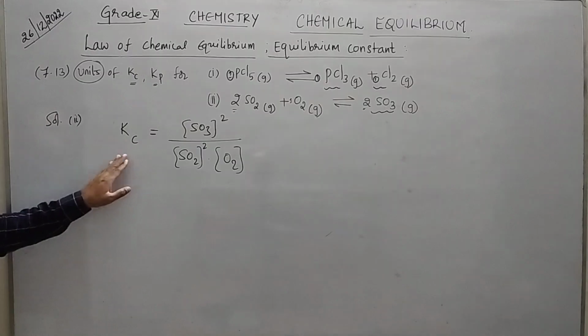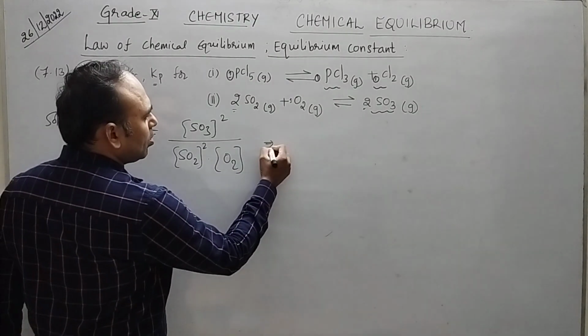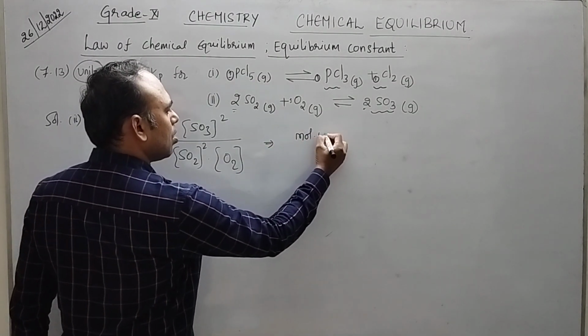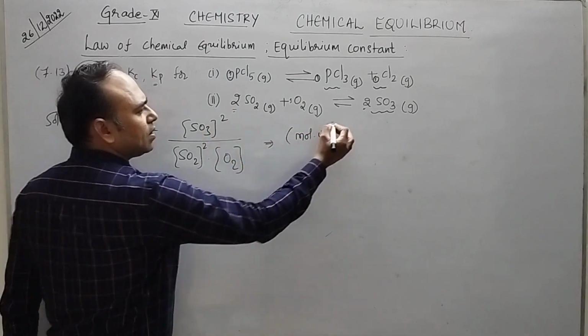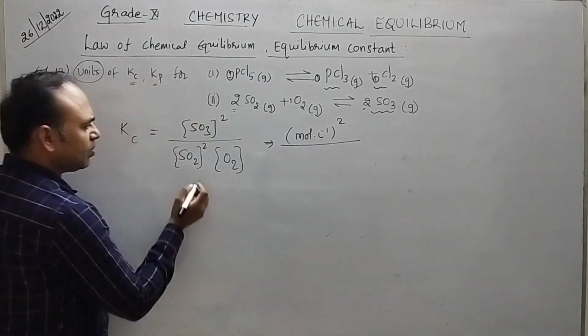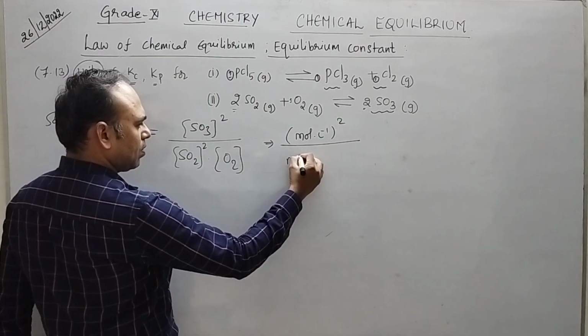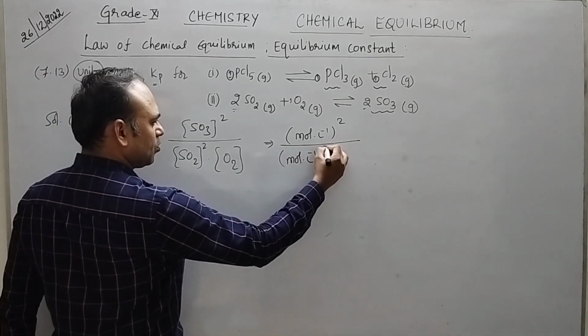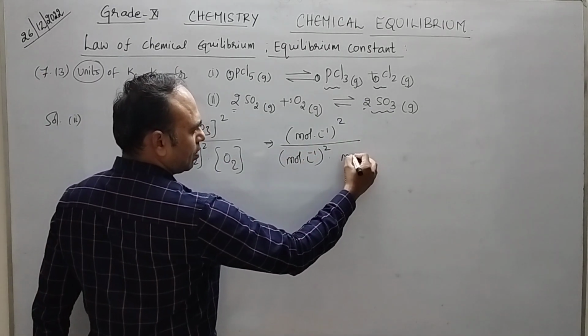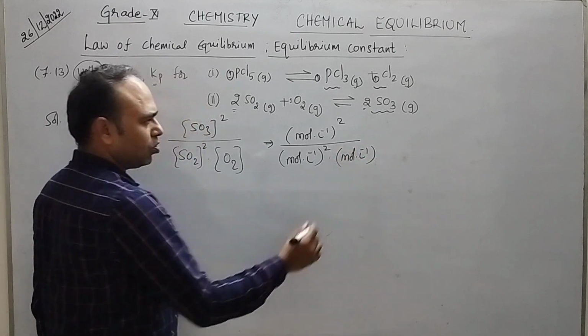So this is the expression for Kc. What about unit? Mole per liter, here square, divided by, here also you have mole per liter square, and last one is only mole per liter. Hope you have understood this.